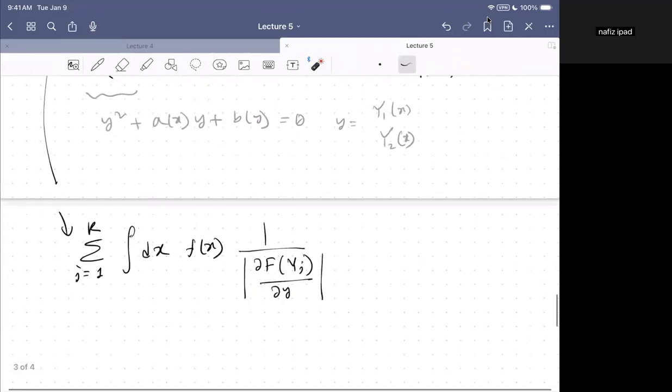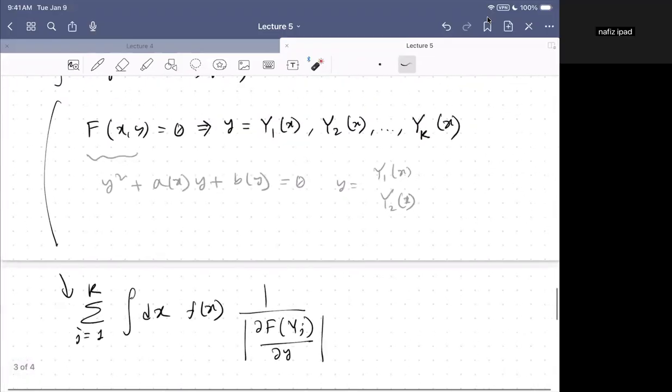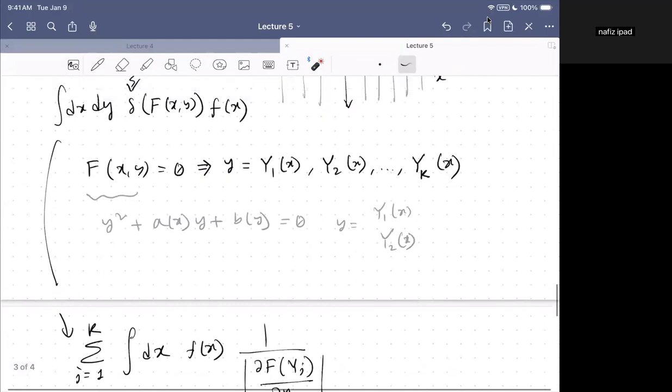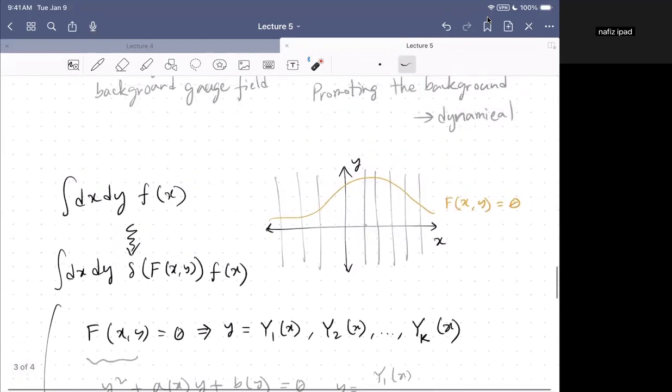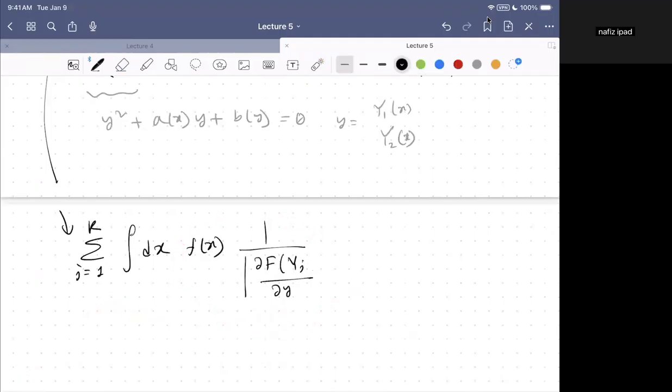So this is an improvement in the sense that here we had a divergent integration. Here, our integrand only depends on x. Just to be clear, y_j is a function of x. So this part depends only on x. This part depends only on x. This is an integration over x.